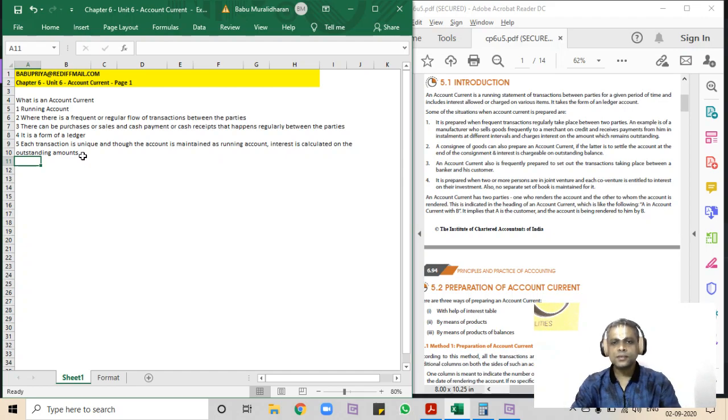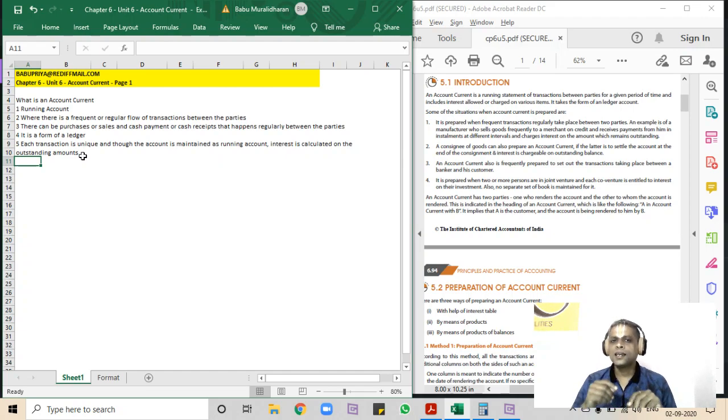Suppose A is selling to B. Today is 2nd September. A sold to B on say 15th August, and the due date for payment is 31st August. So the payment has to be done on 31st August. Now we are on 2nd September. If the payment is not made, then for these 2 days, interest will be calculated on this transaction, right?